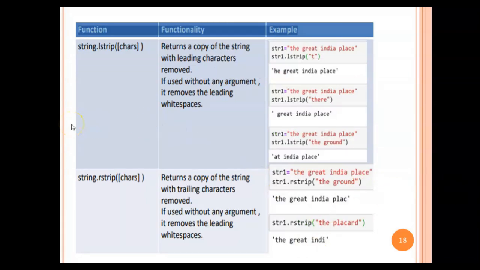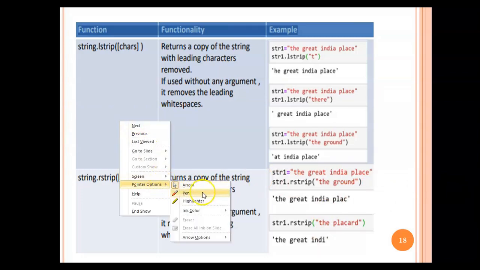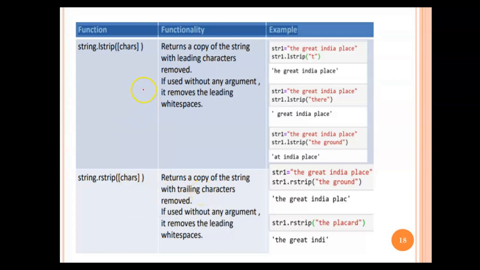Now moving to the next function, which is lstrip. lstrip, rstrip and strip, these three functions are somehow related to each other. lstrip is for leading spaces. It's going to remove the leading blank spaces, okay? So you can see the complete string here. We have str1 is equal to 'the Great India Place'. With str1.lstrip, if we are not giving any character, it will consider a space and remove the space at the start.